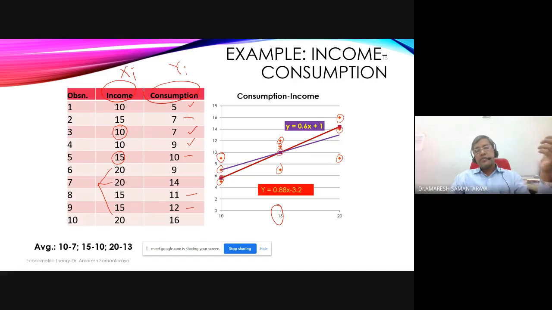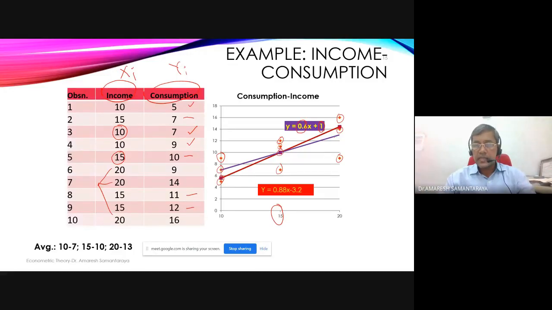Now I can fit the blue line, I can also fit the red line. Like that, you have many possibilities, many lines you can fit. If I fit the blue line, then my beta 0 is 1 and my beta 1 is 0.6.